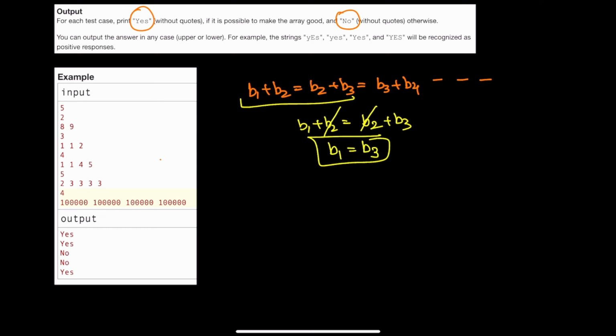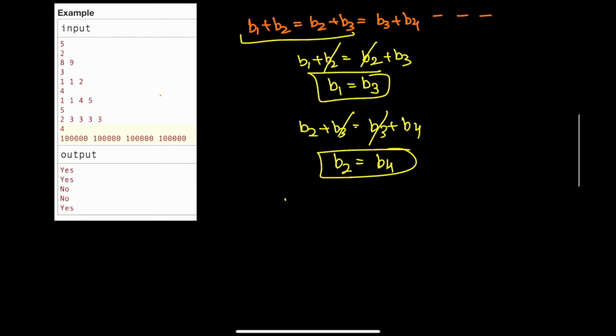We can just cancel b2 on both sides, and b2 plus b3 equals b3 plus b4. Cancel b3, b2 equals b4. If we go on like this, we can easily say that b1 equals b3 equals b5 equals b7 and onwards, and b2 equals b4 equals b6 equals b8 and onwards.